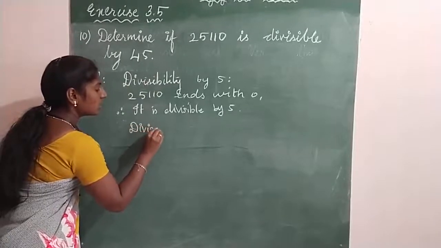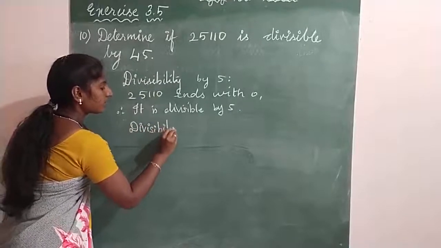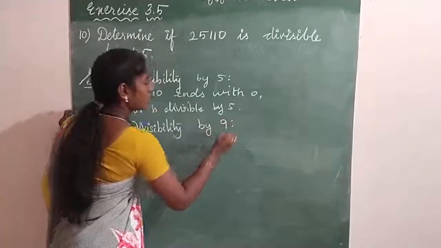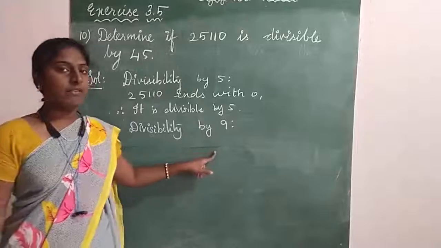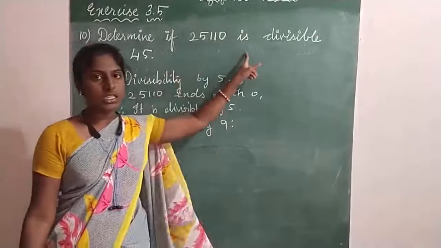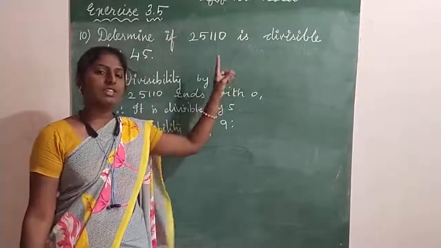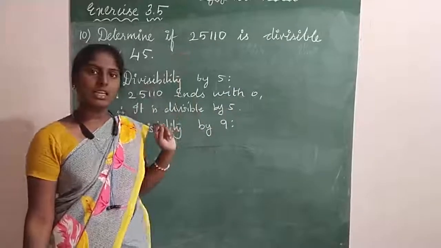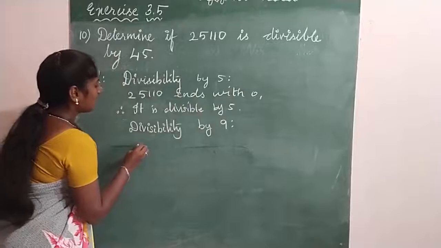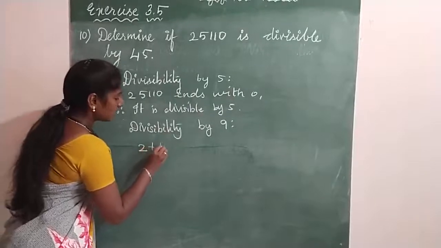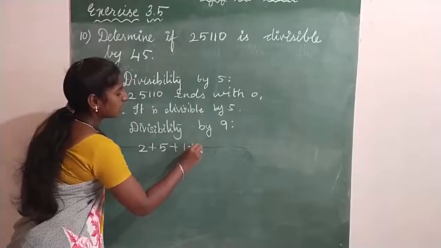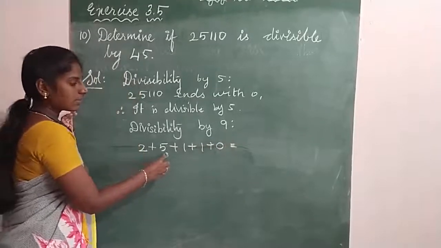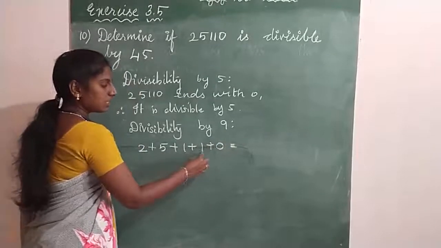Next, let us check the divisibility by 9. How to check the divisibility by 9? Do you remember it? Yes, for divisibility by 9, we have to add all the digits and find the sum. If the sum is divisible by 9, then the whole number is divisible by 9. Is it clear? So let us find the sum first. 2 plus 5 plus 1 plus 1 plus 0. So what is the sum here? 2 plus 5 is 7, 7 plus 1 is 8, 8 plus 1 is 9.